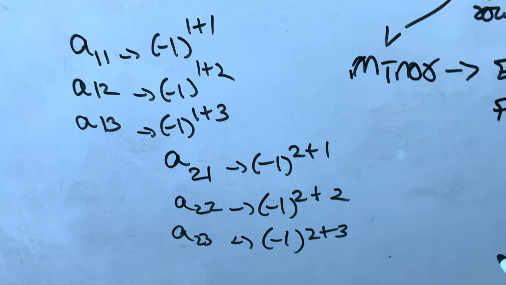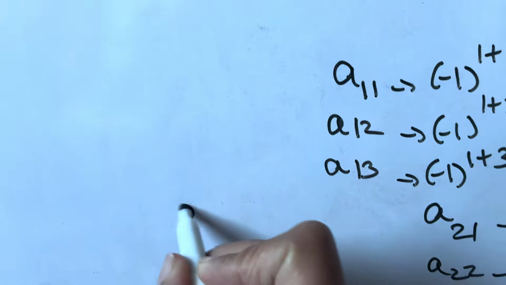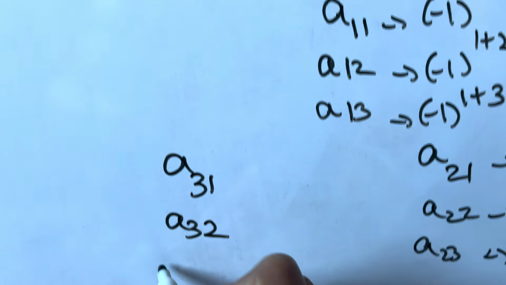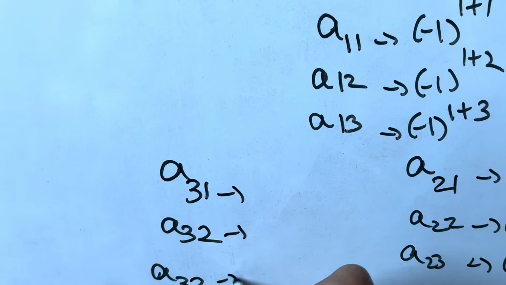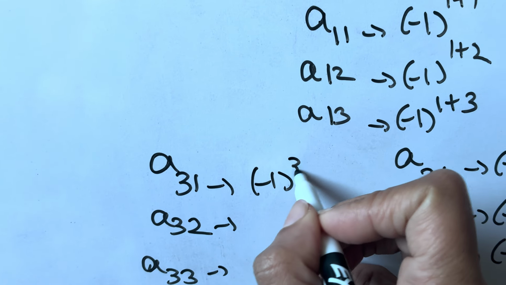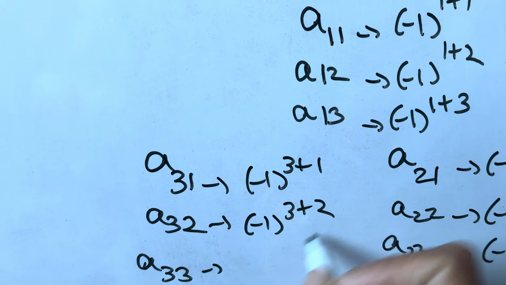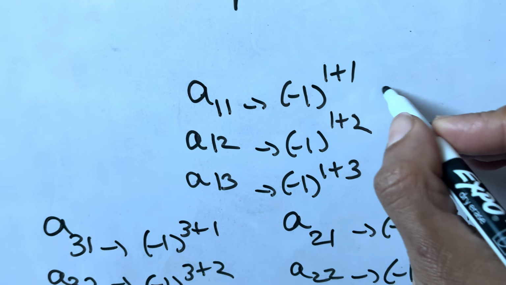Similarly, I can also write it for the third row first element, third row second element, third row third element: minus 1 power 3 plus 1, minus 1 power 3 plus 2, minus 1 power 3 plus 3. So let's evaluate it.